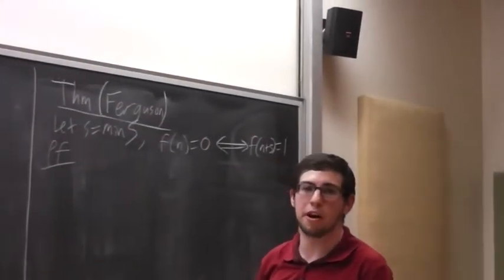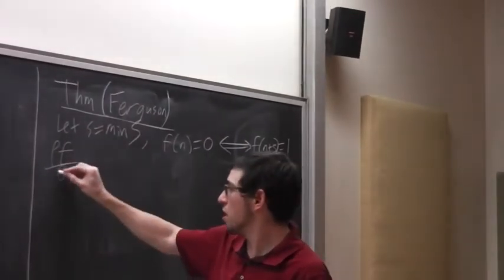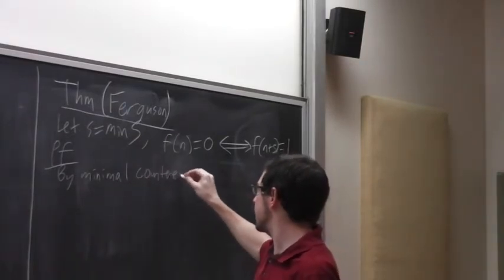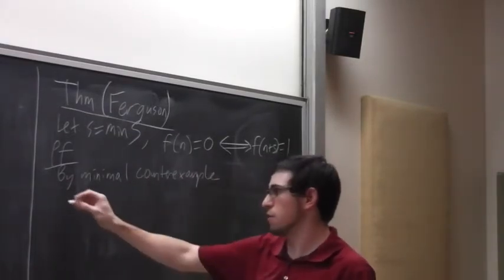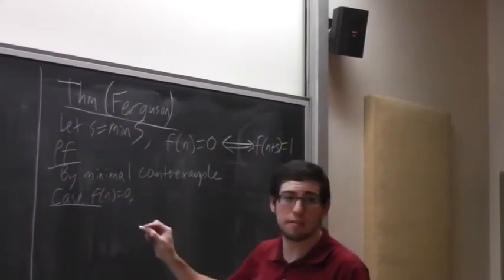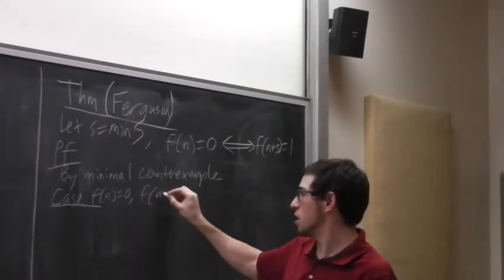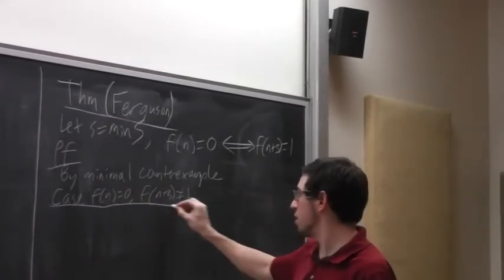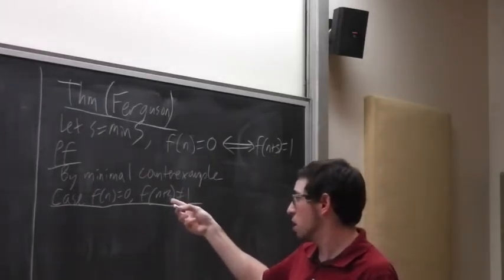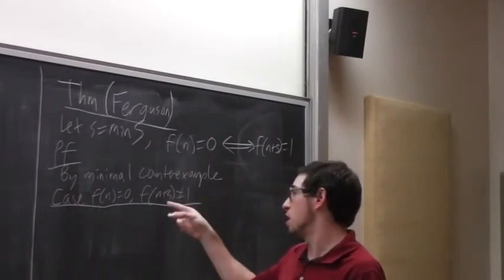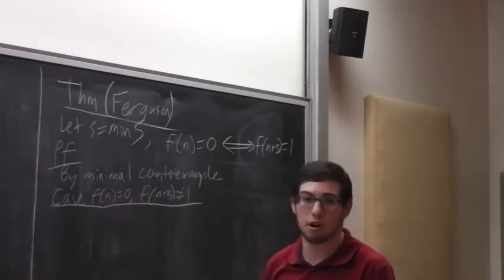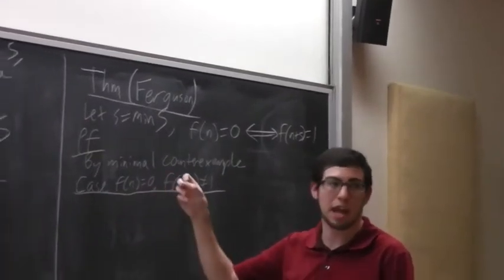And the proof will be by minimal counterexample. So the first case, we're going to assume we have f of n equals 0, and f of n plus s not equal to 1. It's also not equal to 0 because we can subtract from n plus s, we can take s counters and get to this position, which has Sprague-Grundy value of 0. So we can move to a position with 0, so it can't be 0.